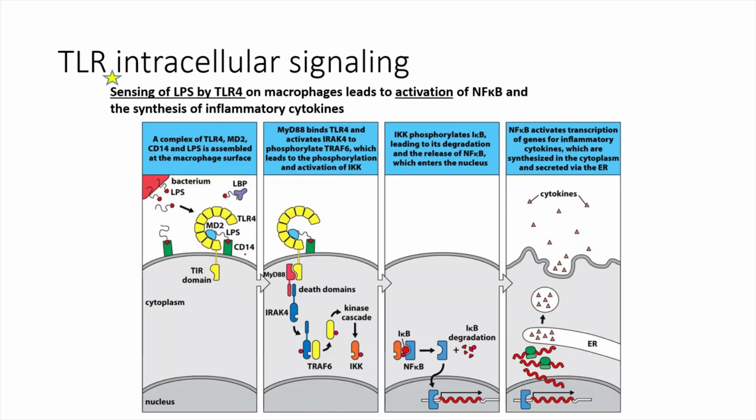All right, so when you have binding or recognition events between these toll-like receptors and their co-receptors, what it leads to in the end is activation of NF-kappa B and synthesis of inflammatory cytokines.